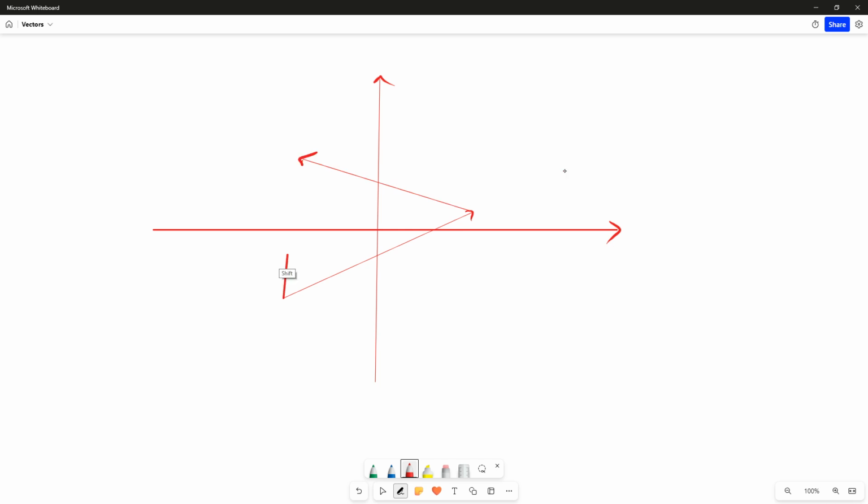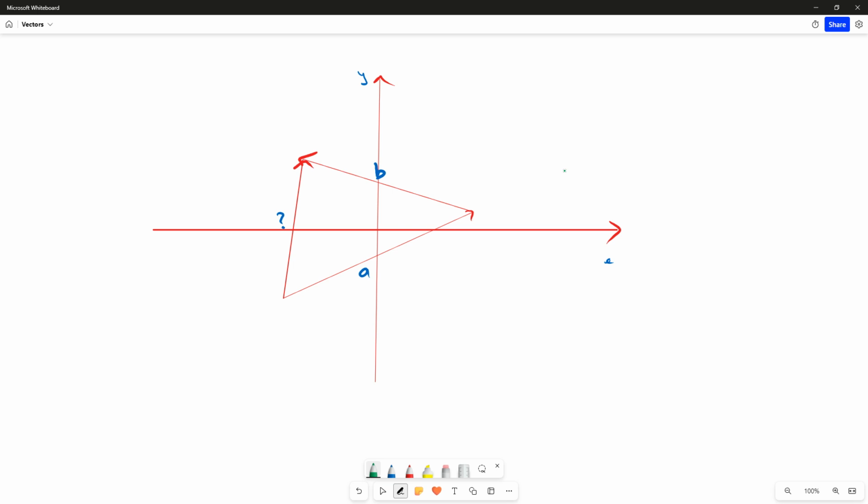And then I got one more that goes from the start over there, which is my resultant vector. So I've got three vectors going here. Let's suppose this is vector A, this is vector B, this is my y-axis, this is my x-axis. And I want to know what is this vector on the left.